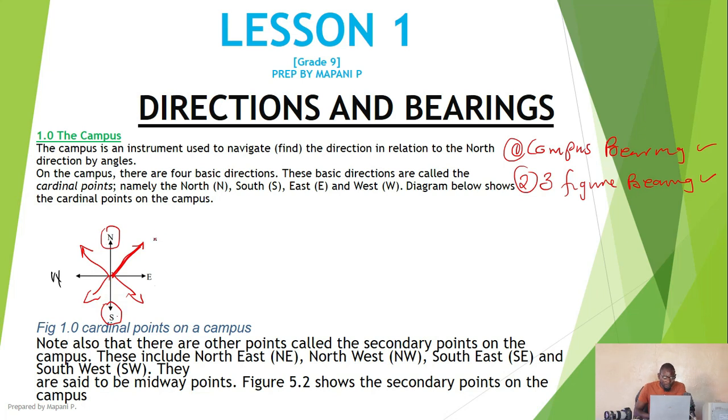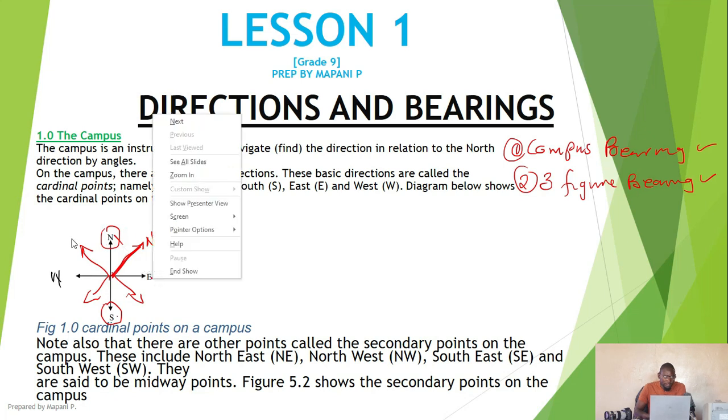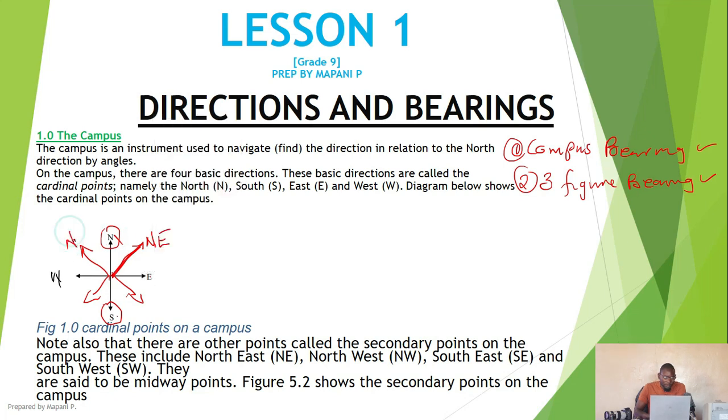So if we want to name this directional point here, we'll name it north east. Then this side will be the north west, then this side the south west, and south east.